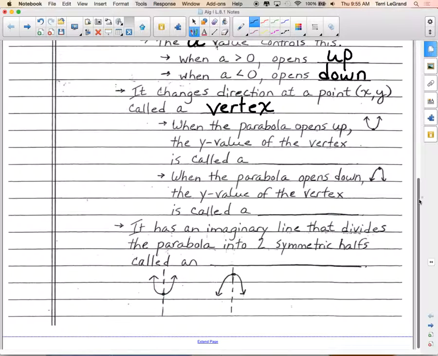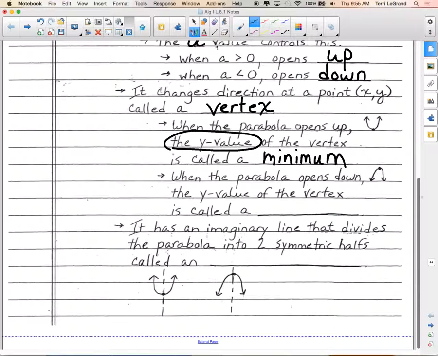So when the parabola opens up, the y value of the vertex is called a minimum. I want you to circle the y value so that you remember that it's the y value. When they are asking you for the minimum, they want you to give the y value of the vertex. What's the lowest y value, in other words, on that curve?